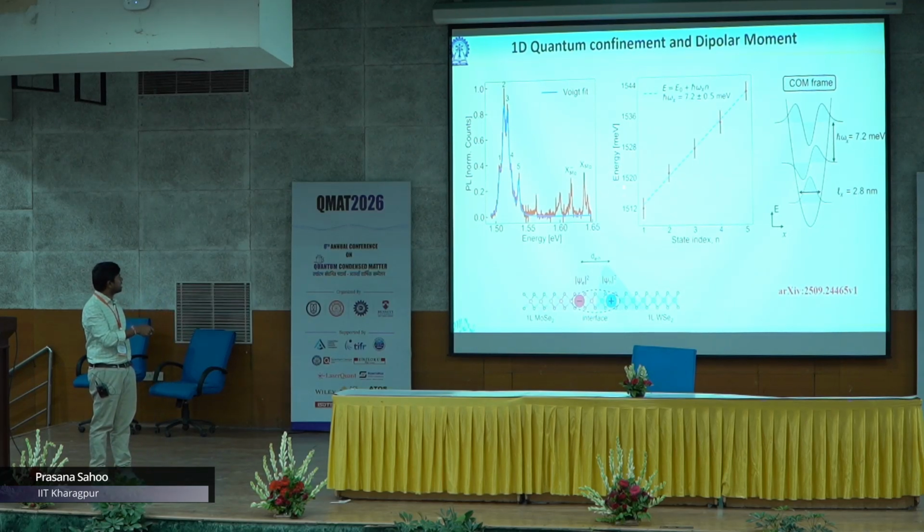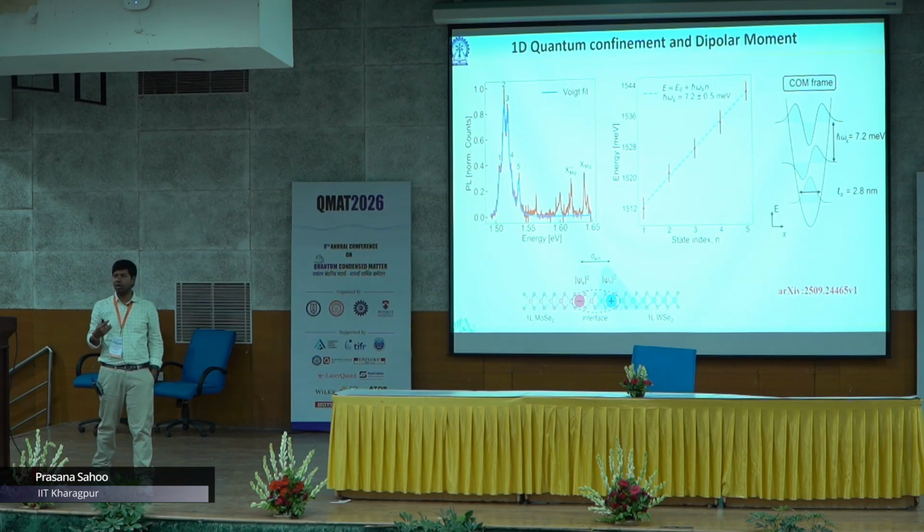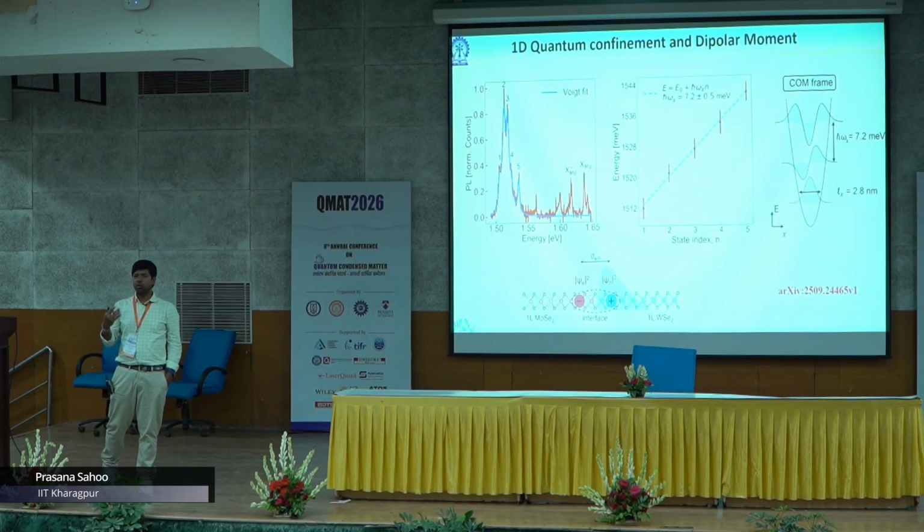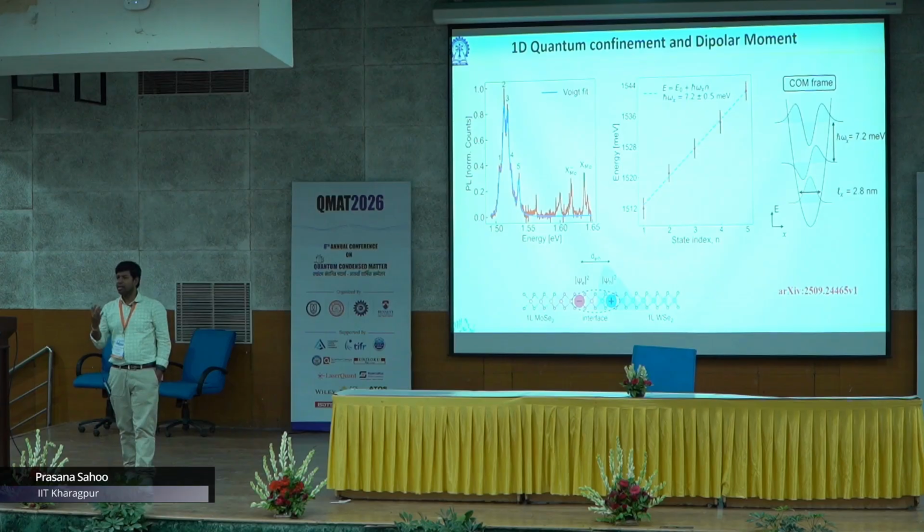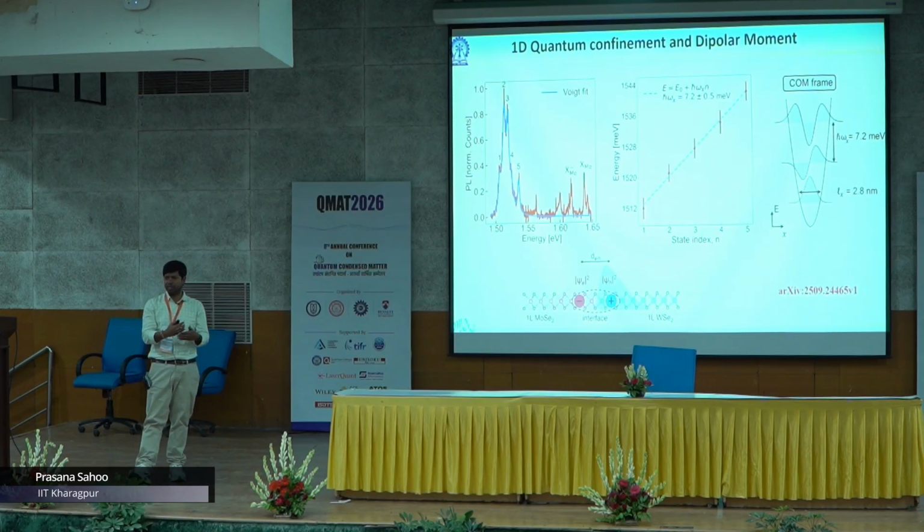If you separate the energy, they are separated by 7.2 millivolts, and one can also see a center of mass frame like a 1D confinement potential. So one can realize a truly 1D quantum wire sitting just at the interface.